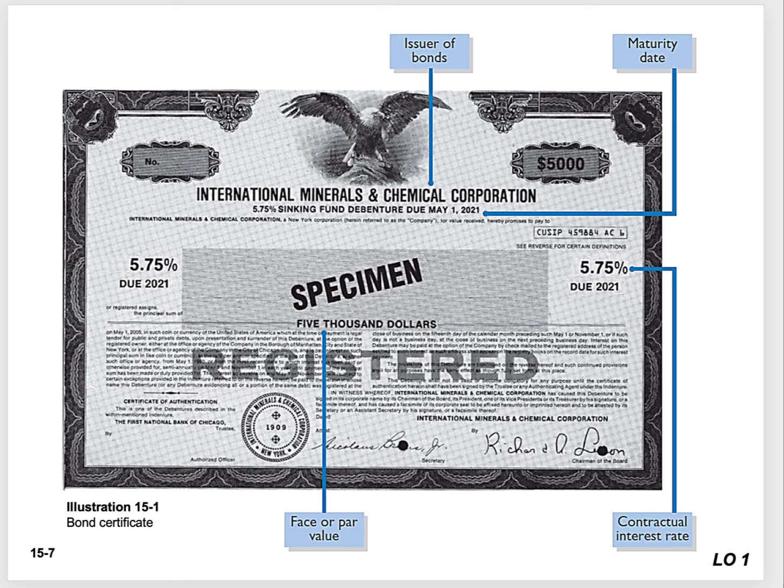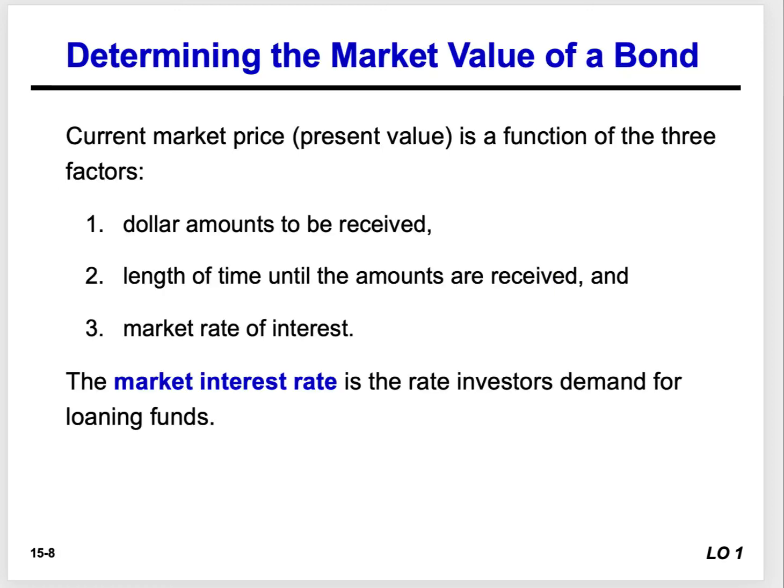And then the face value of the bond, or the par value. In this case, it's 5,000. That's okay. It can be 5,000. It just has to be in increments of 1,000, right? So we have the face amount, the issuer of the bond, the maturity date, and the contractual interest rate or the stated rate, okay?